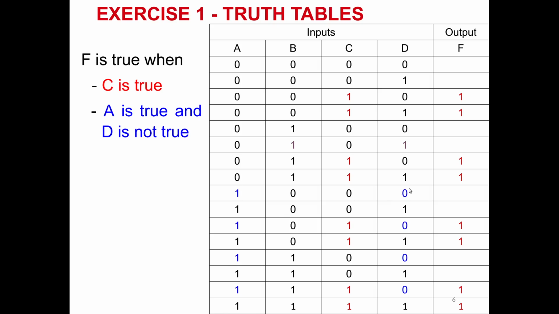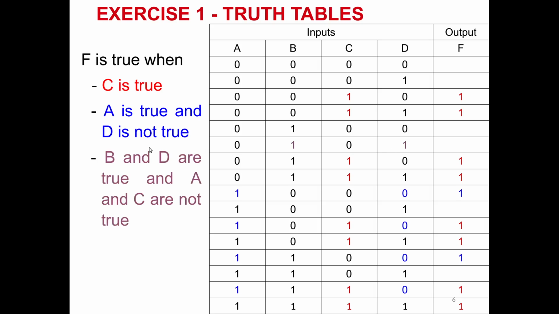So we will search for all the values of D equal 0 from here down here, and you can see 1, 2, 3, and 4 locations where D is 0, and we will need to fill 1 into these places. So F here will be 1. Here it is 1 already, so we don't need to fill it. Here we fill with 1, and here it is already 1 given by this condition.